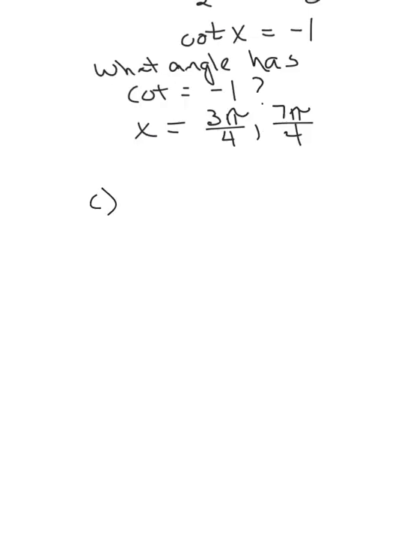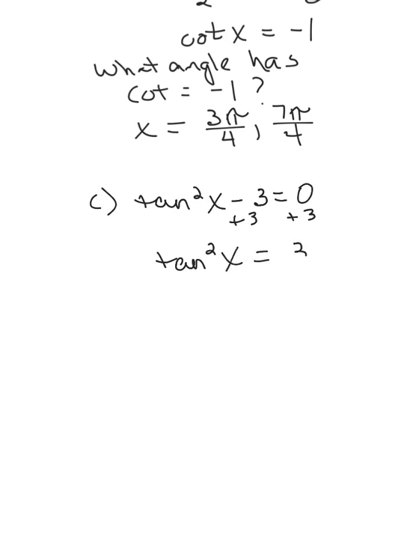On example C, we want to solve the equation that says tangent squared of x minus 3 equals 0. We only have one term that has a trig function in it, so we are going to get that trig function by itself. So that means we're going to add 3 on both sides. So the tangent squared of x equals 3.